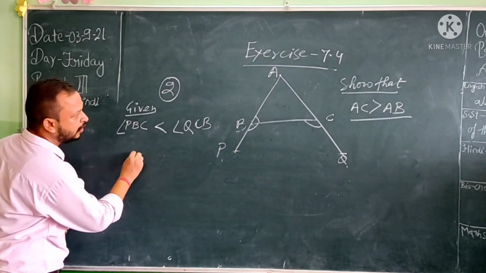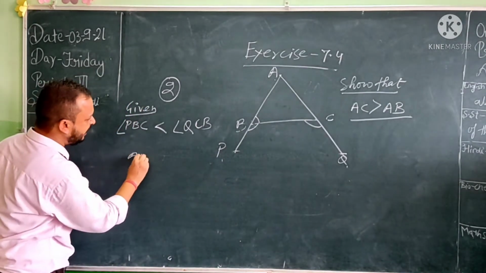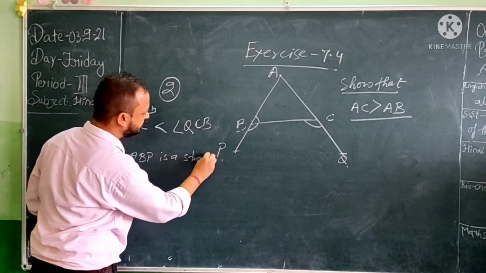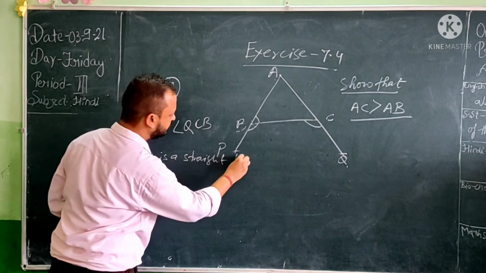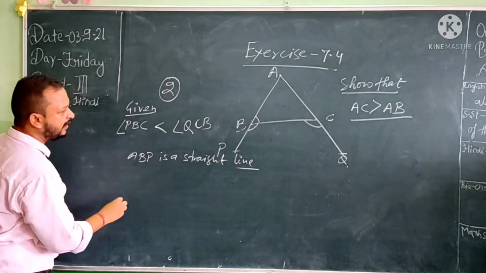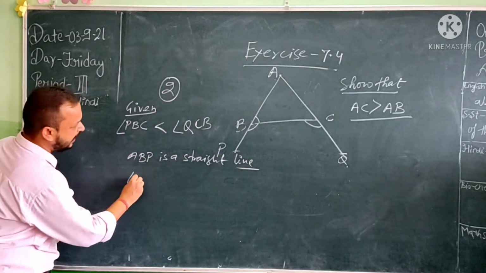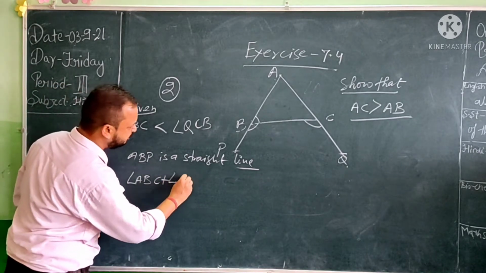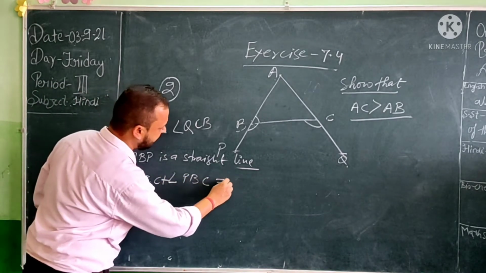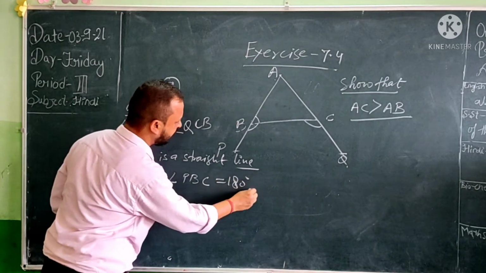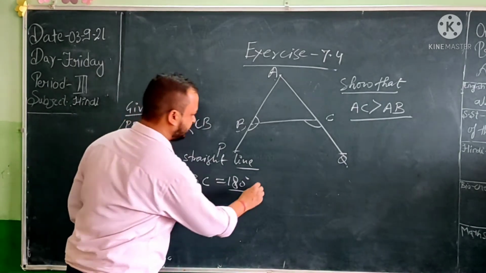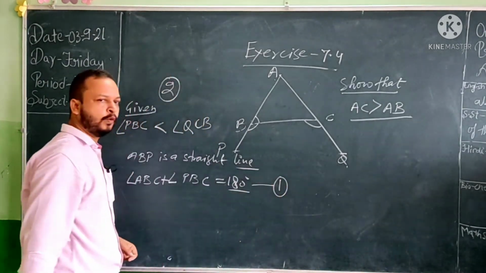So ABP is a straight line, and then angle ABC plus angle PBC is equal to 180 degrees. Suppose this is equation 1.